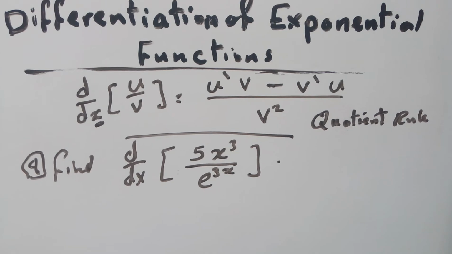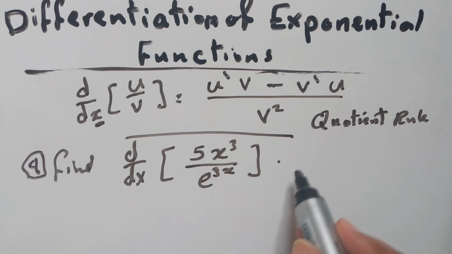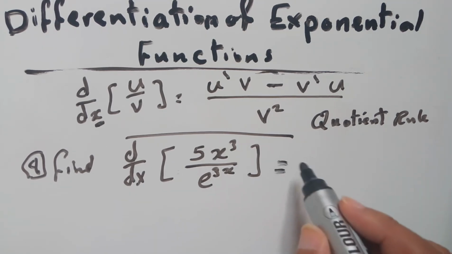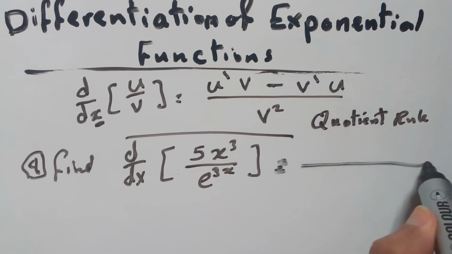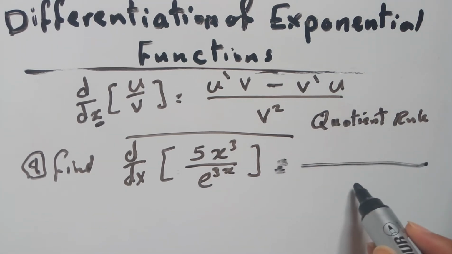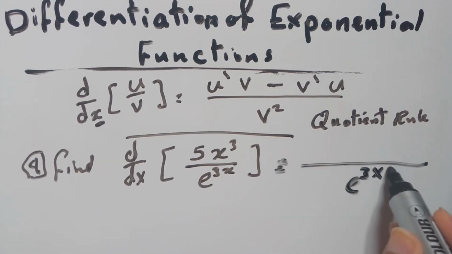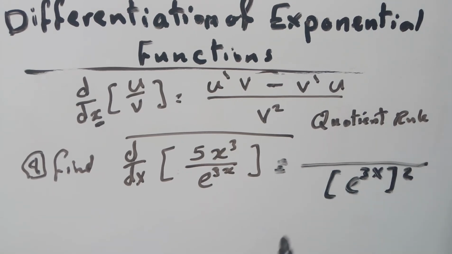Now you have a quotient rule here, or you can write it as a product rule by writing it 5x to the power 3 multiplied by e to the power negative 3x, or you can work as it. It will be here, this is v, you'll make a square, e to the power 3x all to the power 2.